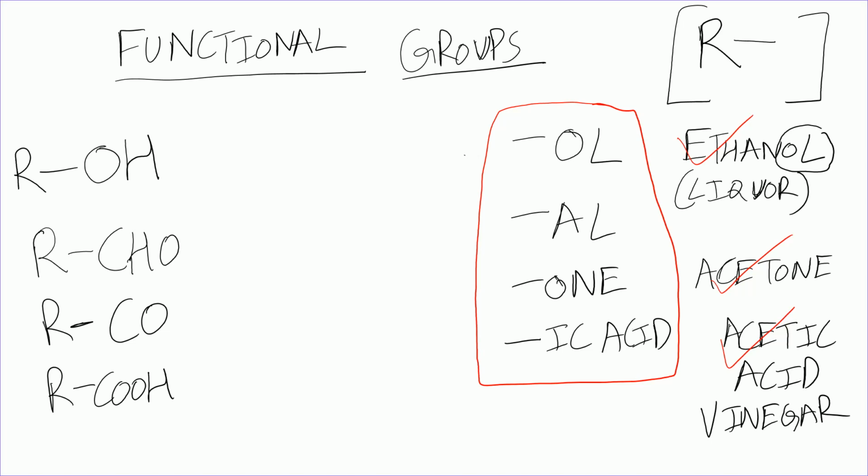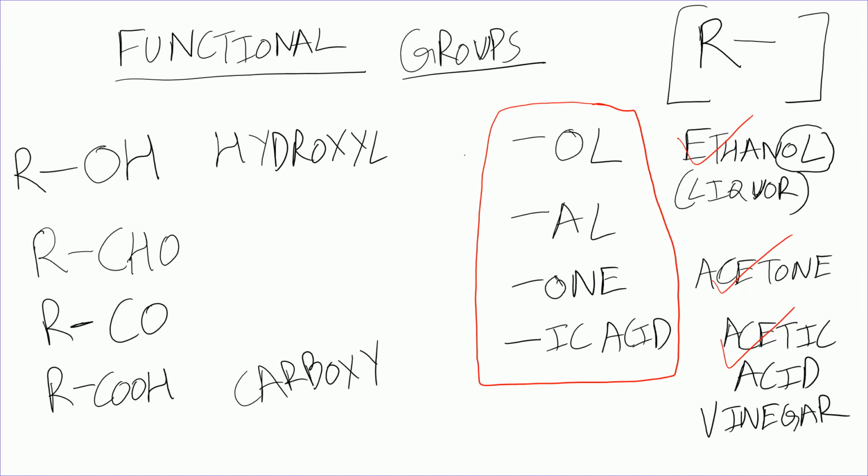For example, the most common prefix for alcohol is hydroxy, or the hydroxyl group. Similarly, RCOH is the carboxyl group. Again, as I said, we are not interested in the chemistry of it. We are just going to talk about the names here. All of these will come into consideration in various molecules you study.